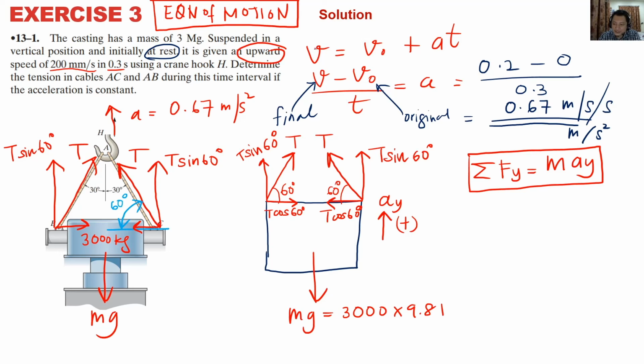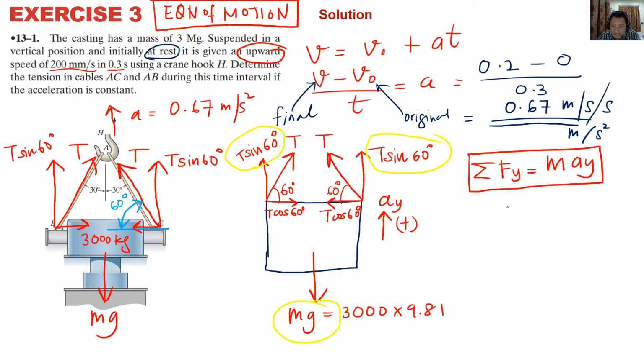Everything deals with motion. So summation FY: we have T sin 60 upward, T sin 60 upward, mg downward. That's all.